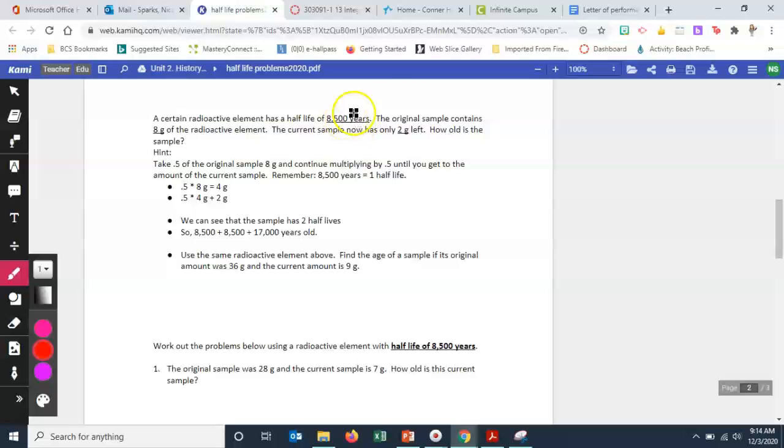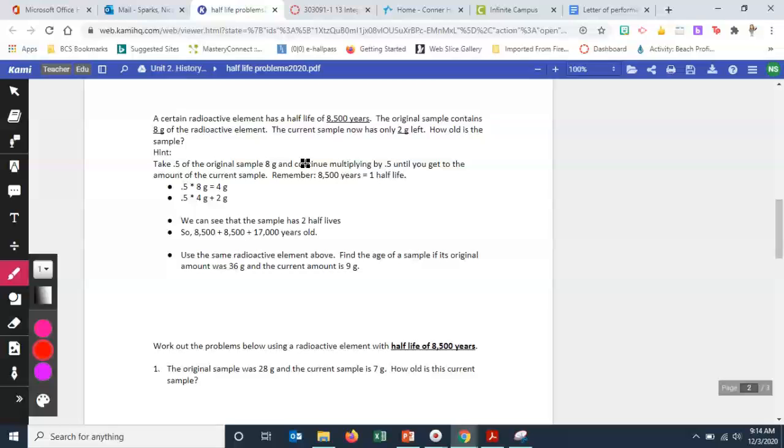The parent element is broken down into a portion of the daughter element. The original sample contains 8 grams of the radioactive element. The current sample now only has 2 grams. So it started at 8 and has degraded down to 2 grams. Parent element started at 8, now it's at 2. How old is this sample?